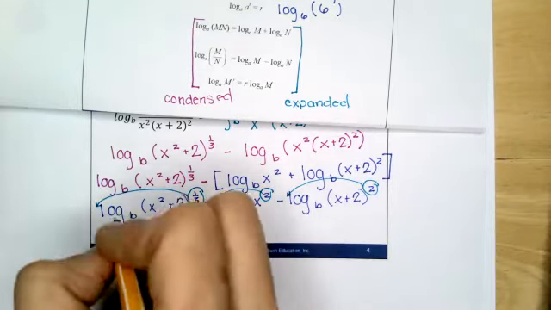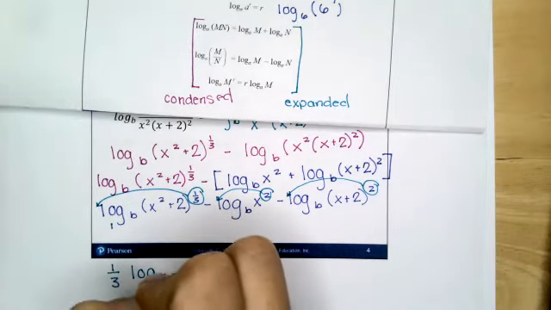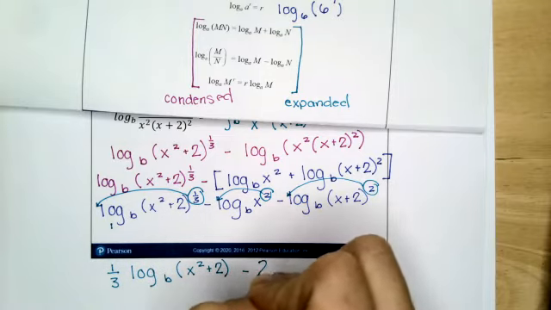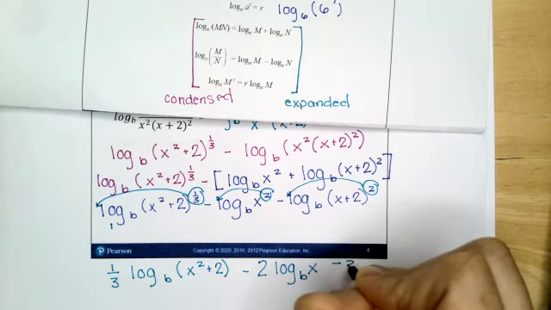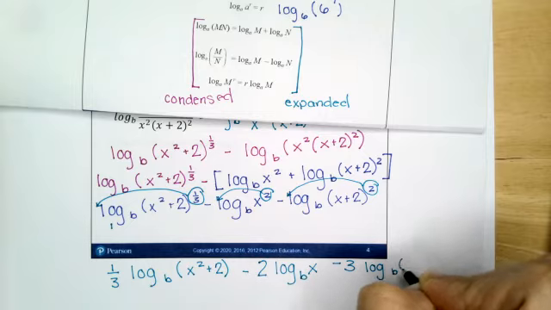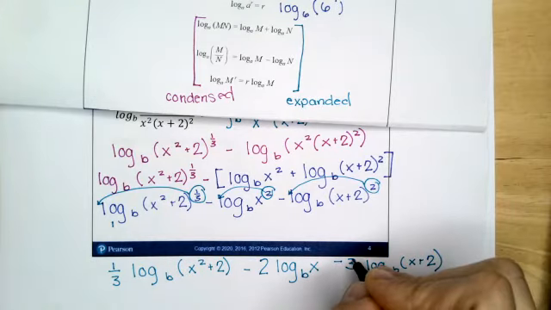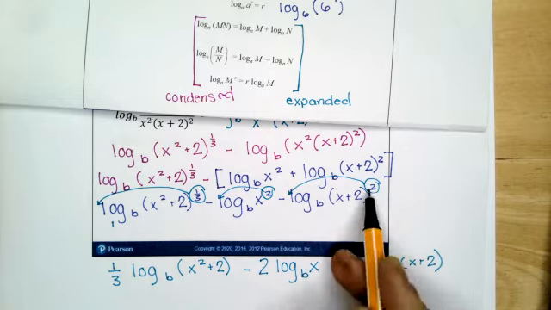So final answer is I'll do it down here. 1/3 log base b of x squared plus 2 minus 2 log base b of x minus 2 log base b of x plus 2. Nope. I don't know why I called that a 3. That's a 2. It's that 2 right there.